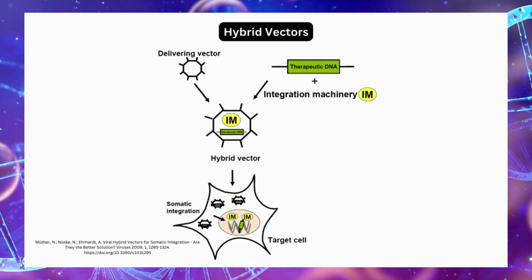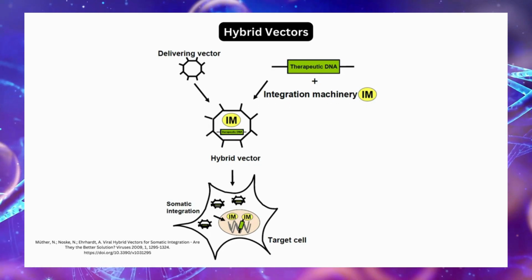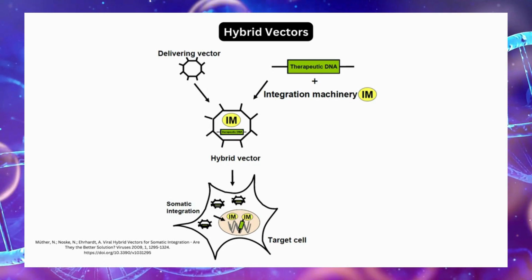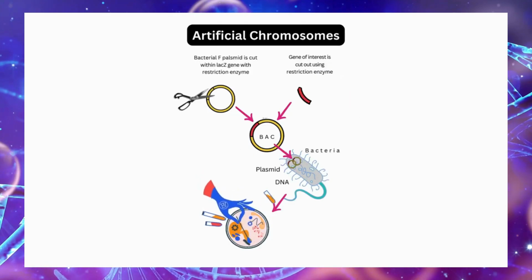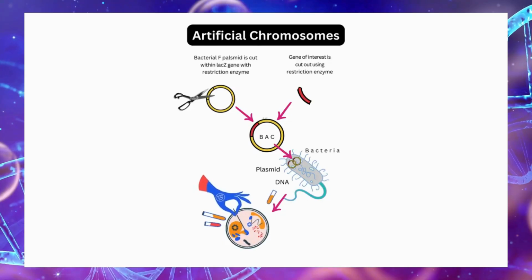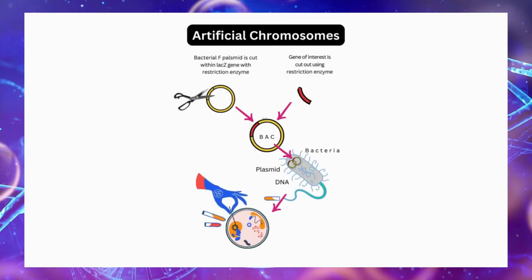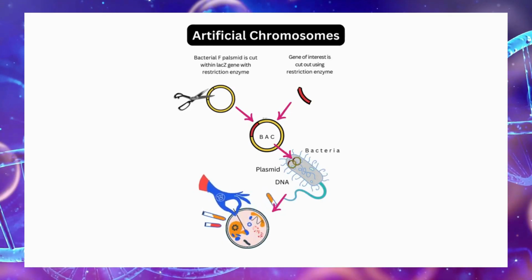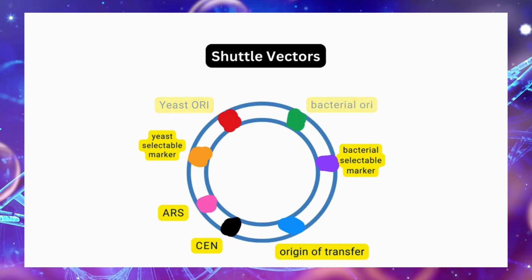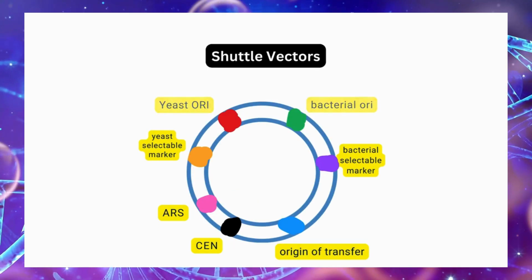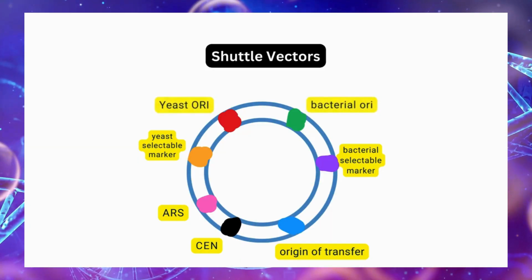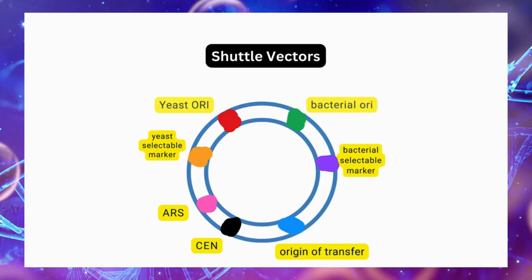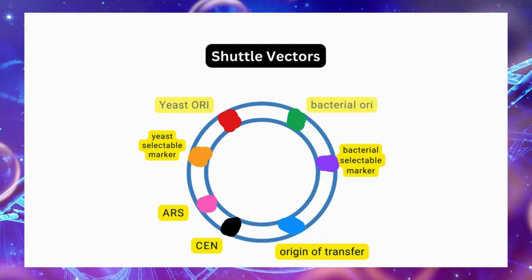Hybrid vectors are phagemids or cosmids, combining features of plasmids and phages. Artificial chromosomes like bacterial artificial chromosomes and yeast artificial chromosomes are larger vectors used to clone very large DNA fragments. Shuttle vectors can replicate in multiple host organisms, such as bacteria and yeast, enabling the study of genes in different systems.